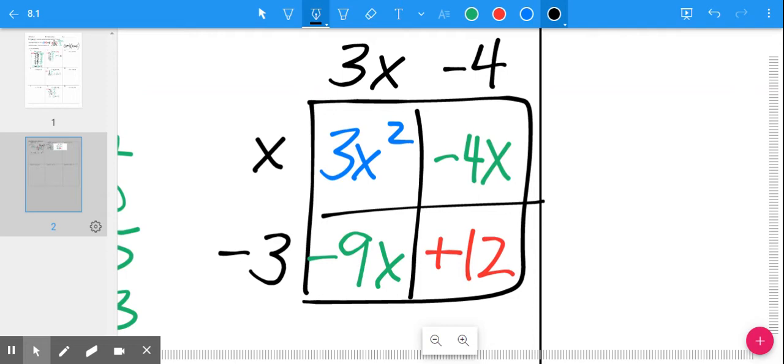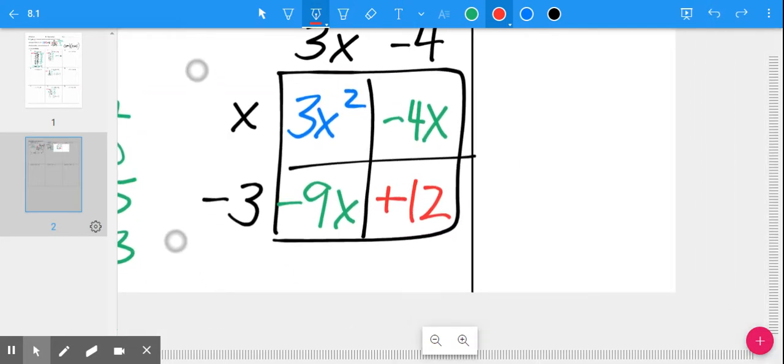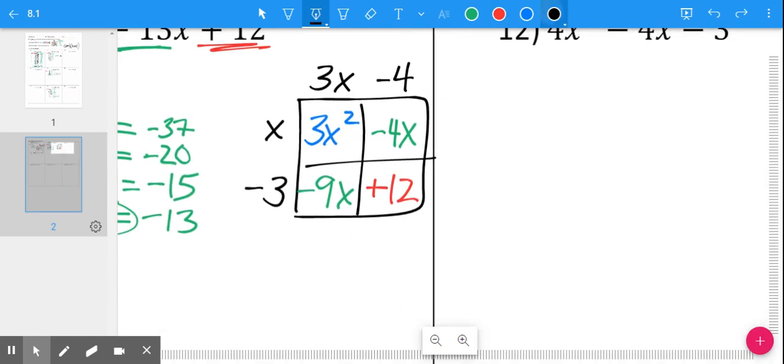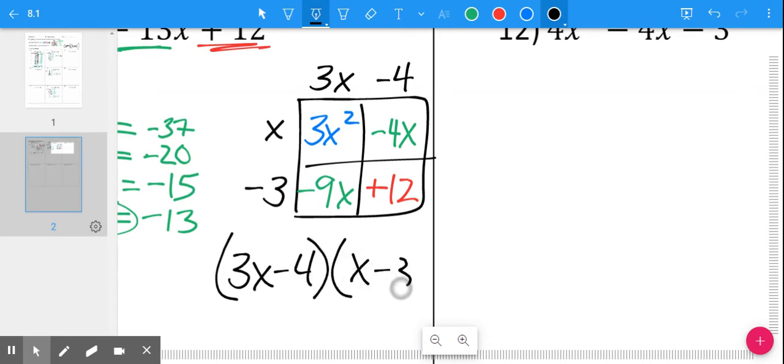So if you check all of these factors, if I'm looking at the rest of this and I want to make sure that it works, negative 4 times negative 3 is negative 12. So that works. So now we have the information needed to write our binomials. So we have 3x minus 4 at the top and x minus 3 down the left side.